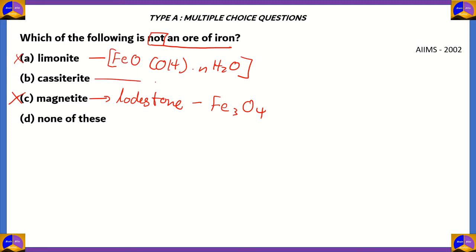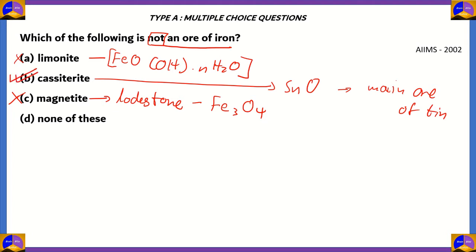If you look at cassiterite, it contains the compound SnO2. Sn stands for tin, so therefore cassiterite is the main ore of tin. So therefore it's not an ore of iron. So option B is going to be the correct answer.